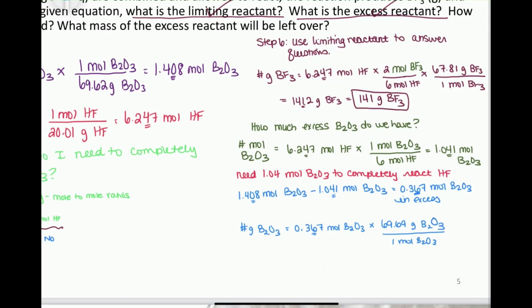And when you plug that in your calculator, I get an answer of 25.56 grams, which I am going to round to 26 grams of B2O3.